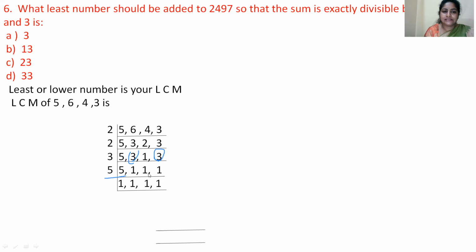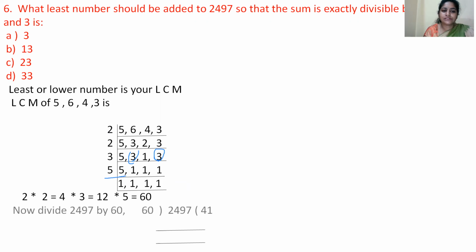Once we get these, now we have to multiply these multiples, that is 2 into 2 equal to 4, 4 into 3 equal to 12, 12 into 5 equal to 60. Once we get the LCM as 60, we have to divide 2497 by 60.